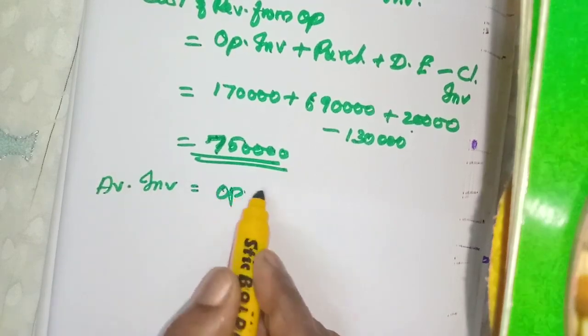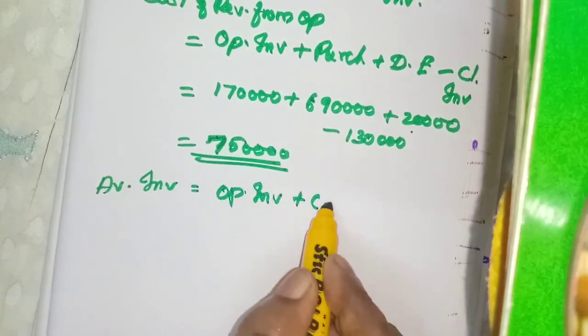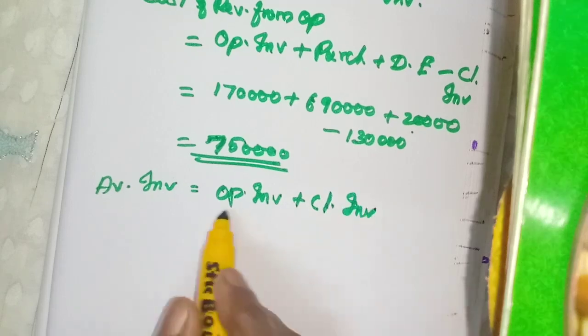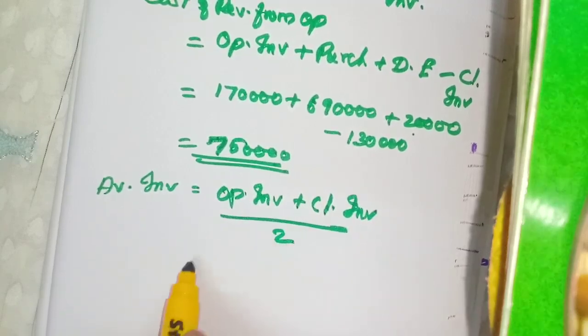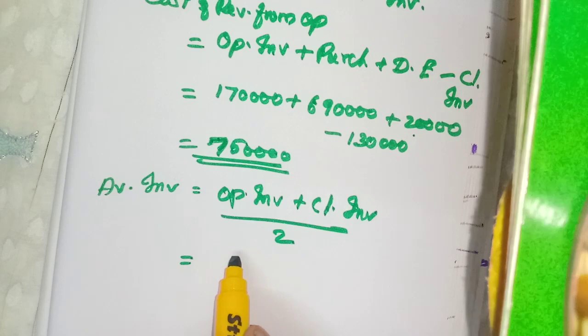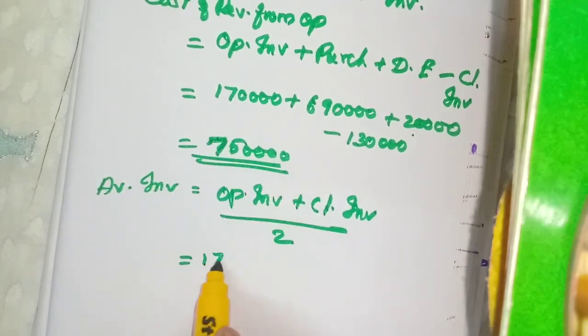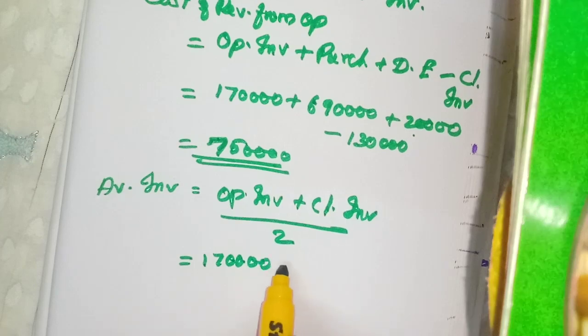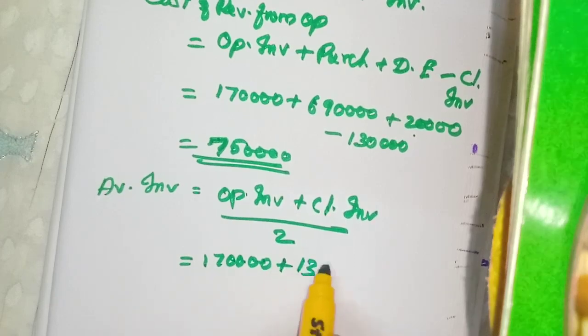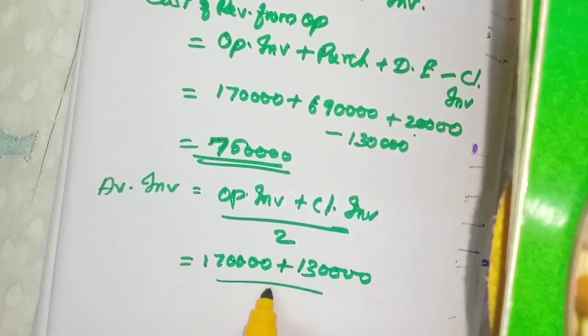Okay, now we should calculate the average inventory. Opening inventory plus closing inventory divided by 2. Opening inventory, at the beginning, 1,70,000. Closing inventory, 1,30,000 divided by 2.